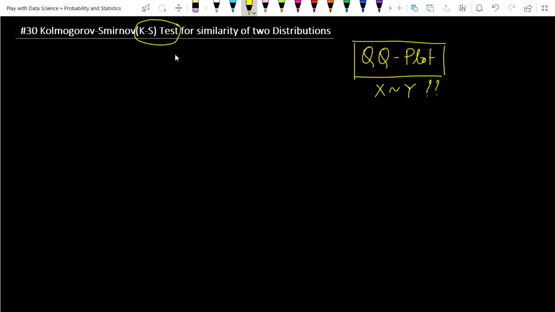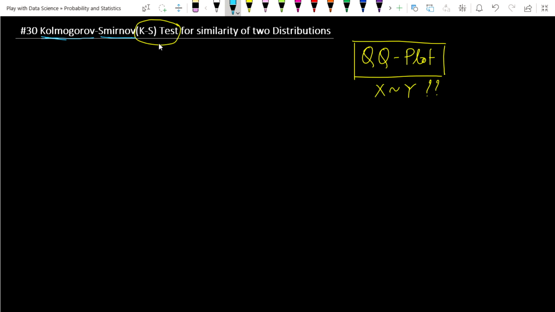Let's try to understand how this actually works. The two mathematicians, Kolmogorov and Smirnov, discovered this method, and because of their names, it is called the KS test.